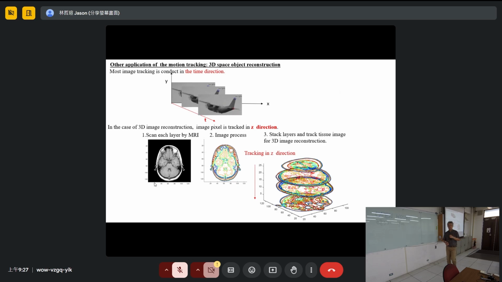Then connect all of them, and you can do the 3D reconstruction. That's why I think engineering is fun. You learn one thing, and highly possibly you can apply it to other cool things.